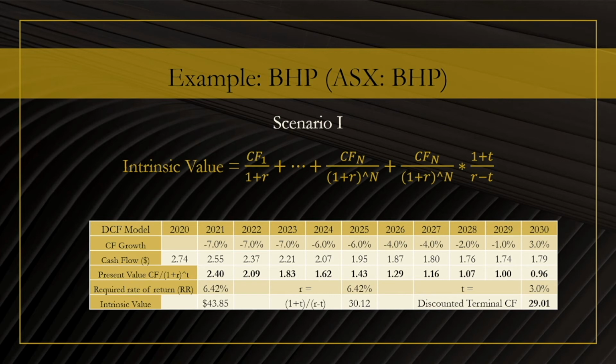Okay, let's now briefly talk about the required rate of return R. That is 6.42% in the table. So that is the required rate of return, which is the minimum amount of profit an investor will require before he or she is willing to invest in a particular asset class. So for example, if you go to a bank, then you will be expecting a rate of return of say 1%.